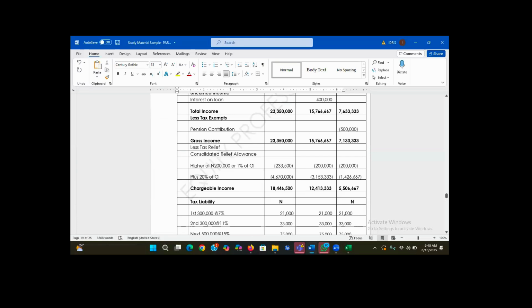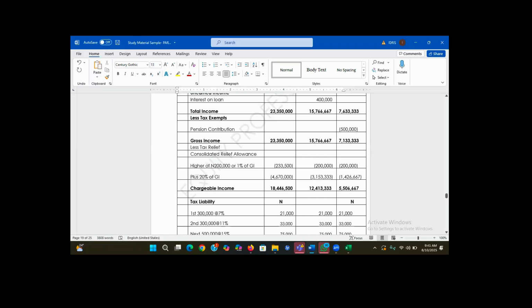So the chargeable income for Cheyi is 18,446,500.